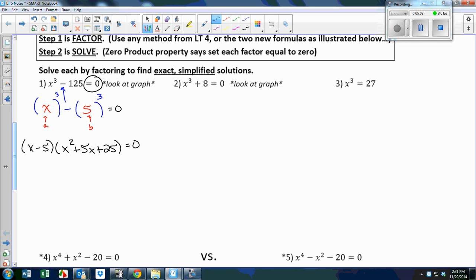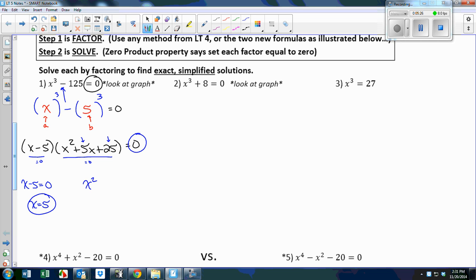So now the zero product property kicks in. It says either this binomial or this trinomial equals 0. That's the only way you get 0 when you multiply the two. So if it's the x minus 5 that equals 0, then x is 5. Easy. If it's the x squared plus 5x plus 25, you may think to factor, but it won't factor because there's nothing that multiplies to make 25 that adds to make 5.